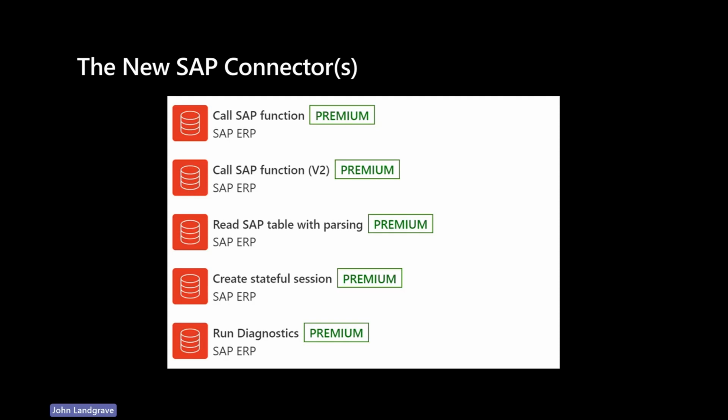So it's a fast indexed read with a limited number of keys to bring back a value or a specific set of values. And so those of you doing SAP are familiar with read table. And we'll look at that in more detail later. But we actually broke that out into a separate function because in the original connector, even though it was possible to do, it required a lot of machinations to do the proper parsing when the data came back. So we've just broken that out separately so we can manage the parsing as a separate part of that connector.